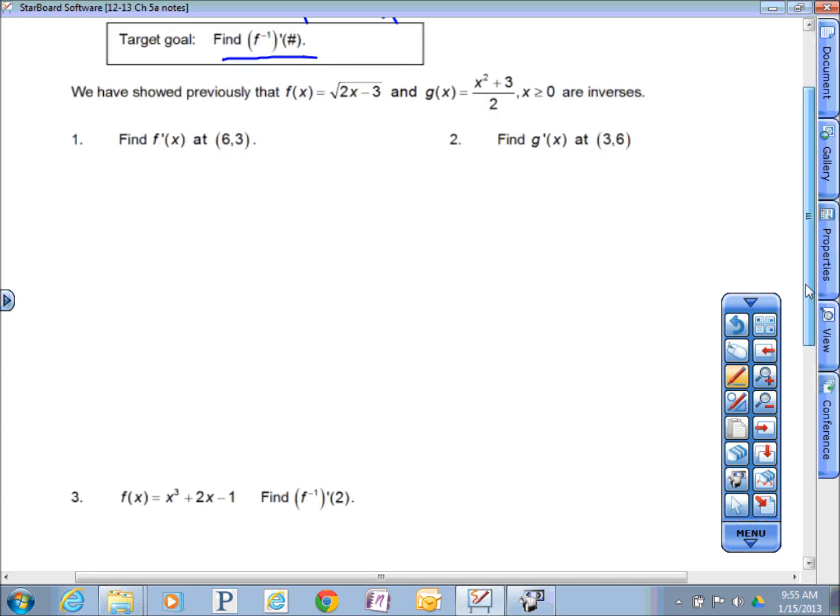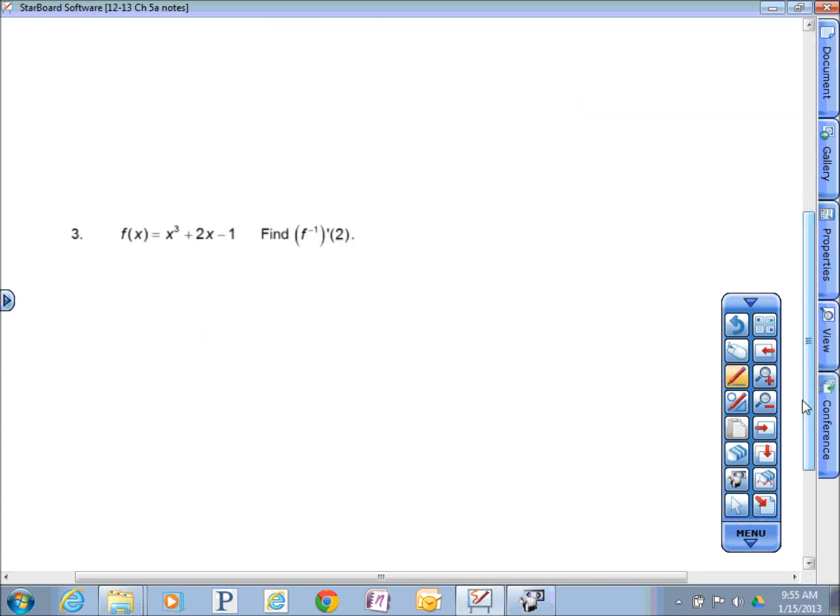So I want to start with problem number 2 down here. Let's see. If I want to find my inverse, I'd swap my variables.